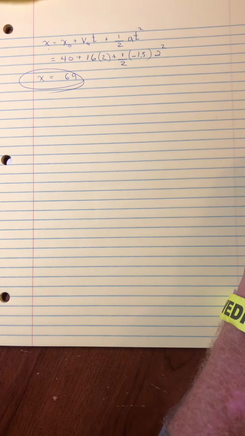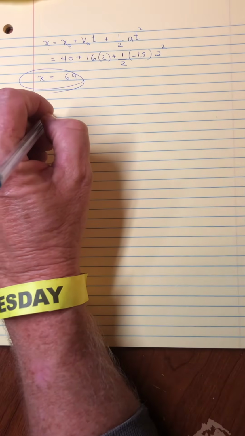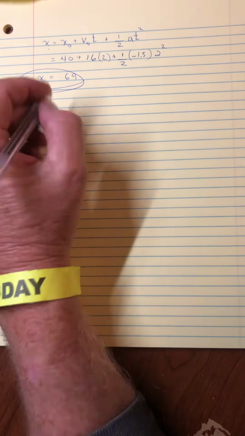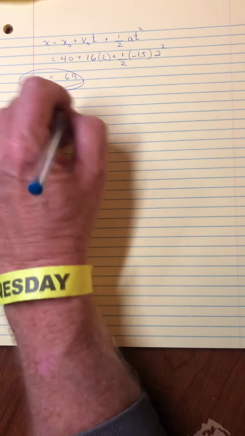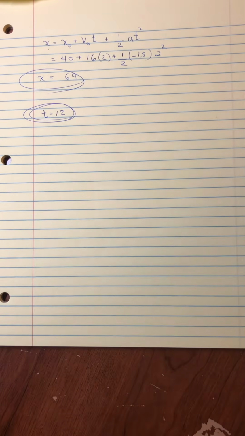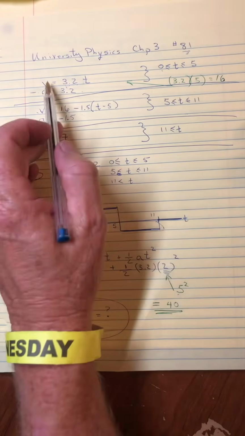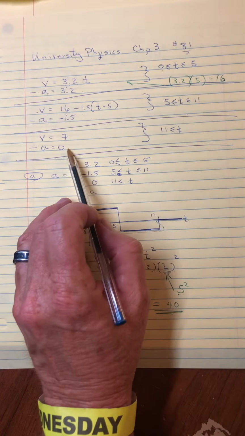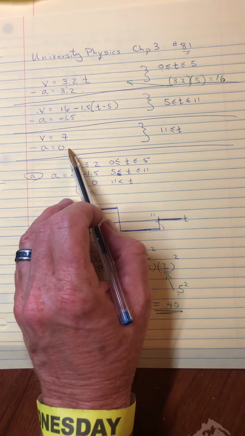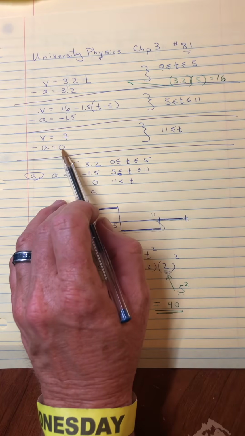And that was hard enough, but now finally off to the hardest one. What is its position after 12 seconds? All right, now, again, maybe this would be good to see, but at 12 seconds, we're talking about this part, where we're going with an acceleration of 0.